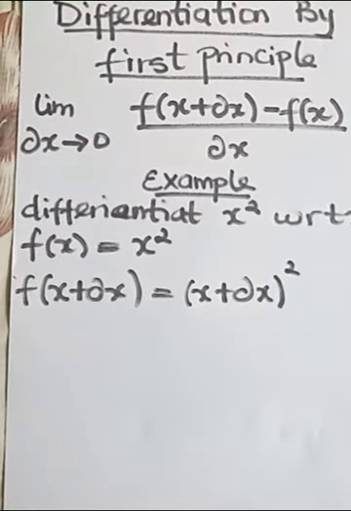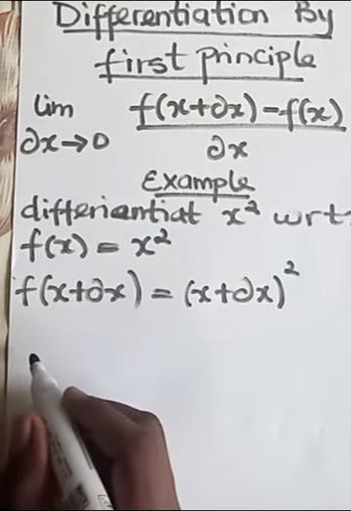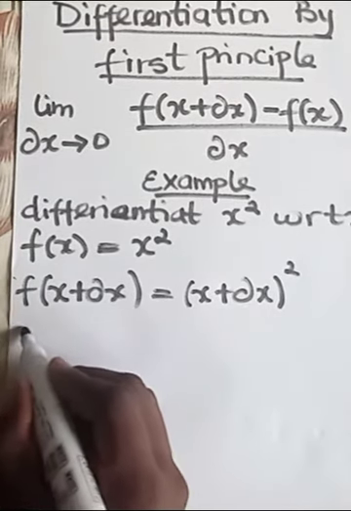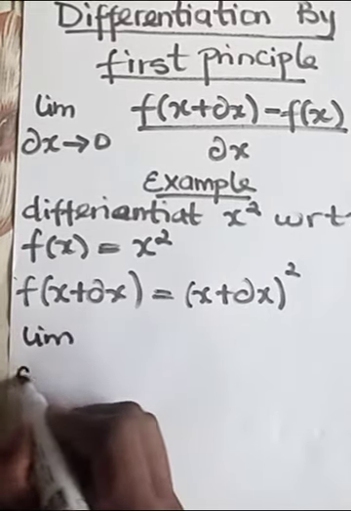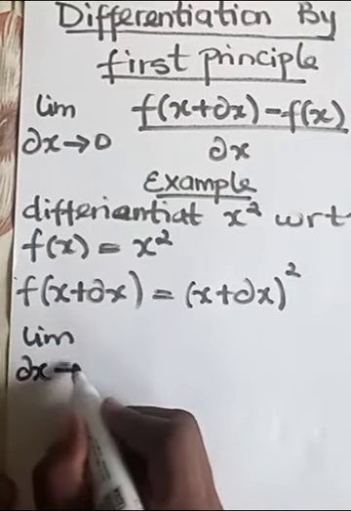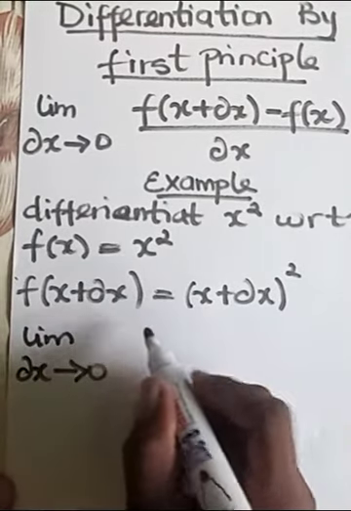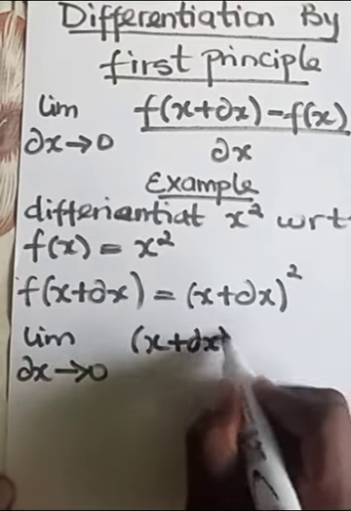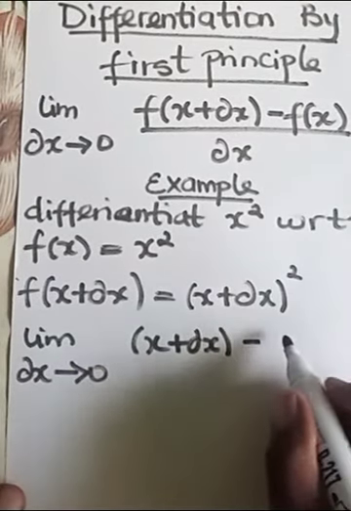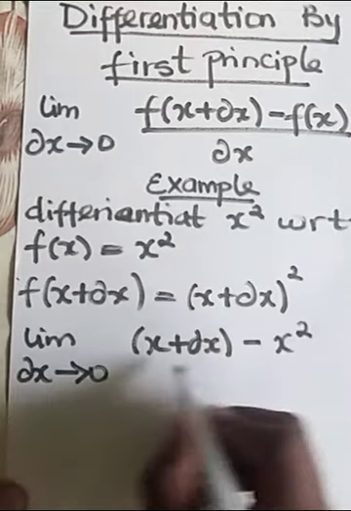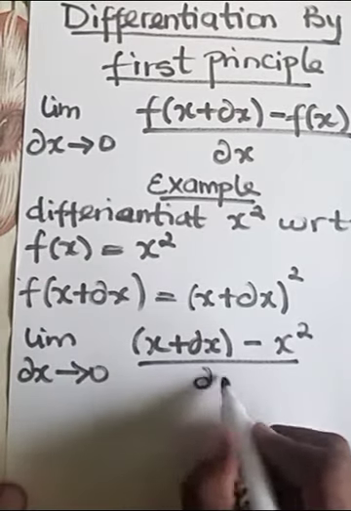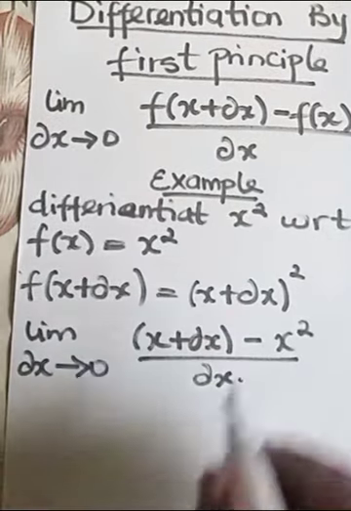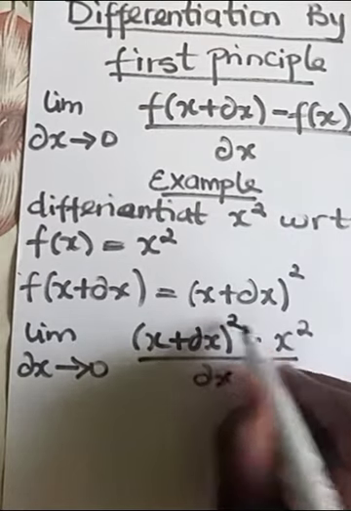So now let's write it back in the form of the general equation. So we are going to have the limit as delta x tends to 0 of x plus delta x all squared minus x squared, all over delta x. Sorry, here it is squared, sorry for that.